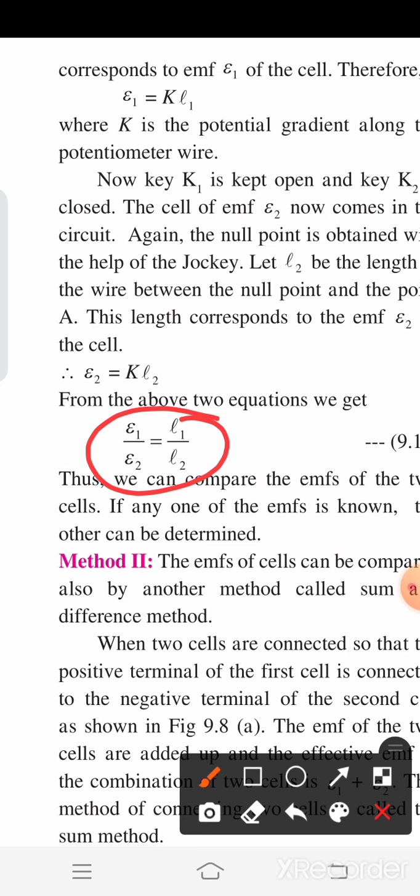Thus, we can compare the EMF of two cells. If any one of the EMFs is known, then the other can be determined.